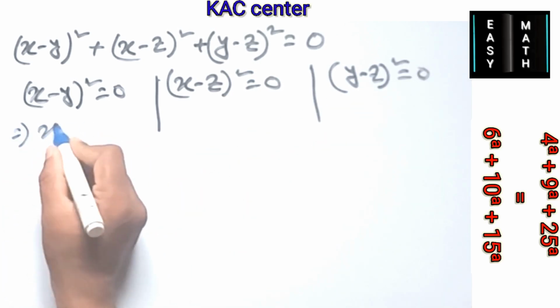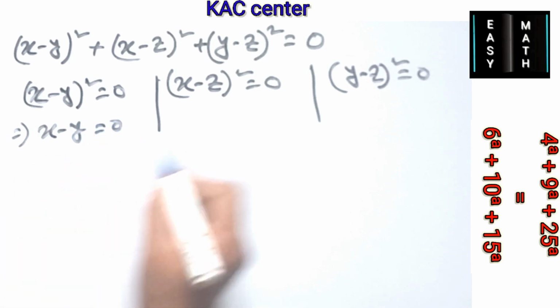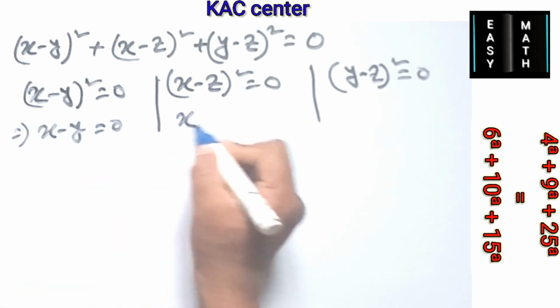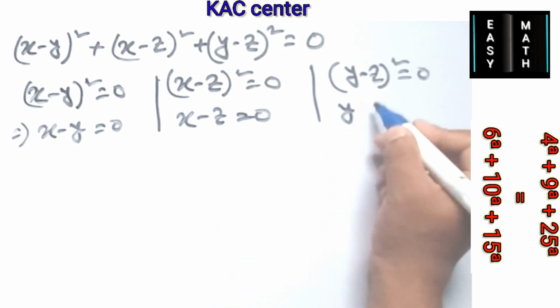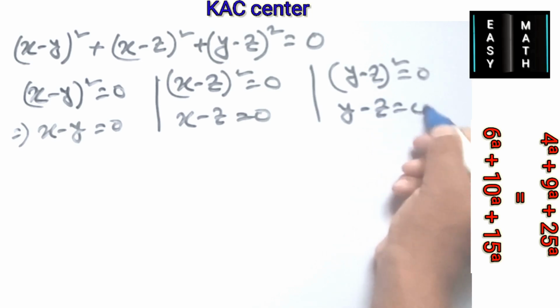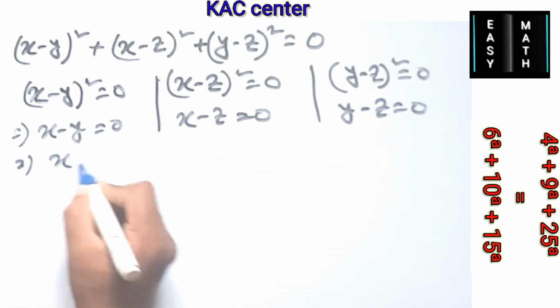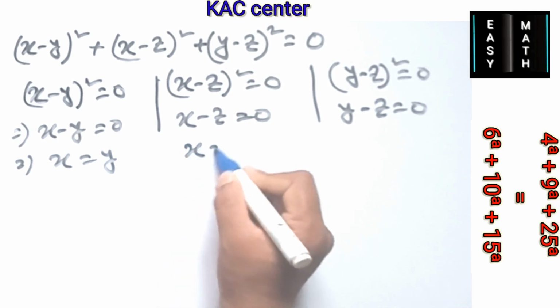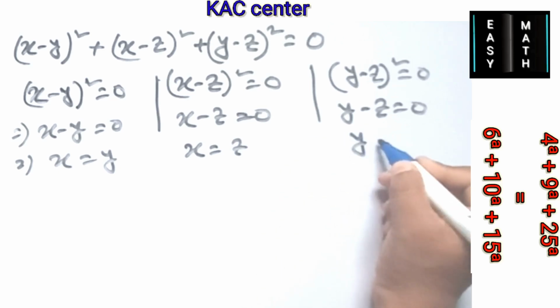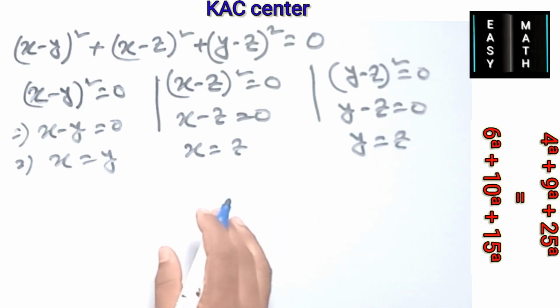So x minus y equals 0, x minus z equals 0, and y minus z equals 0. So x equals y, x equals z, and y equals z.